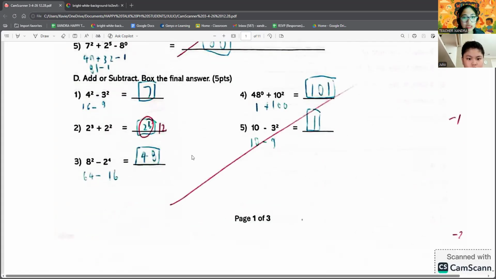Now, this one is an easy one for you. So let's try to do other numbers. Okay, but this one is step-by-step solving. So always write out the exponent results before adding or subtracting. Okay? You check.